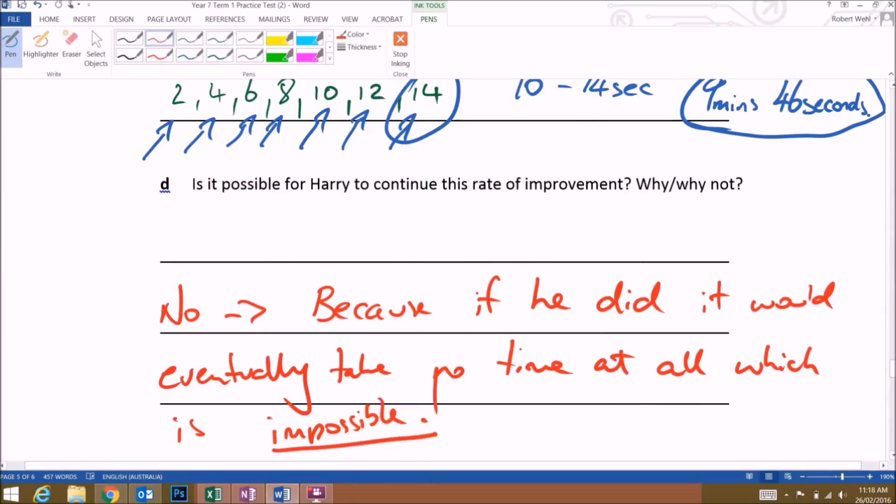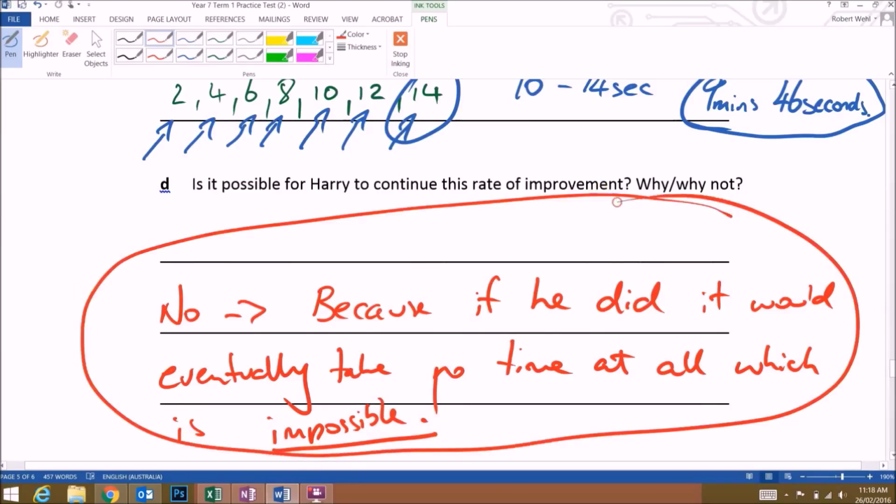Okay, so it's impossible to continue that rate of improvement.